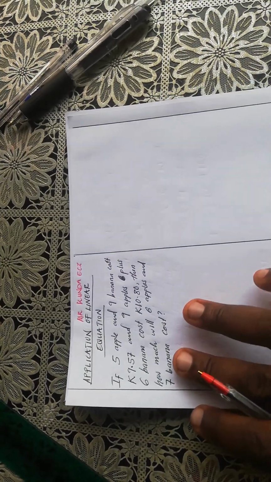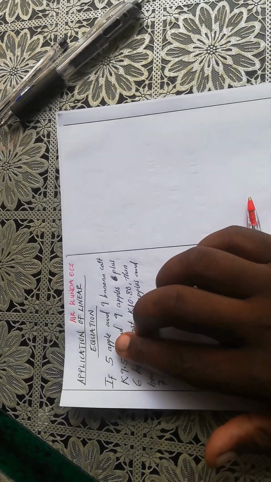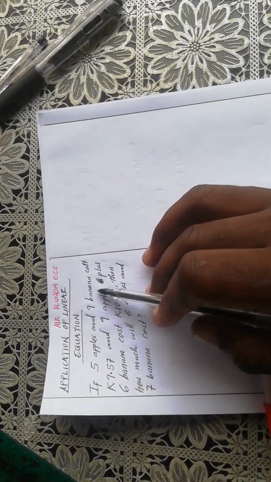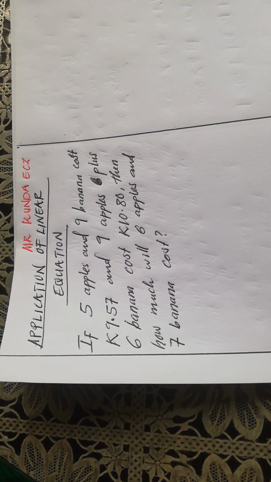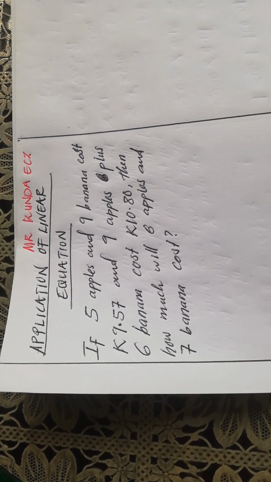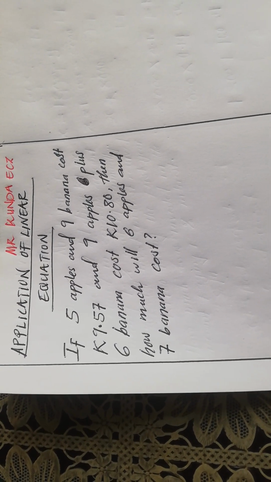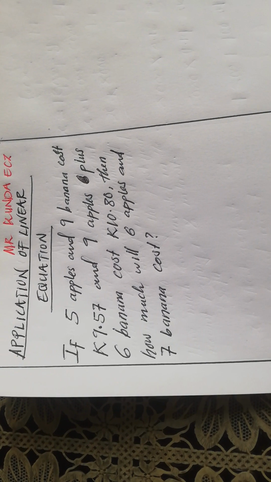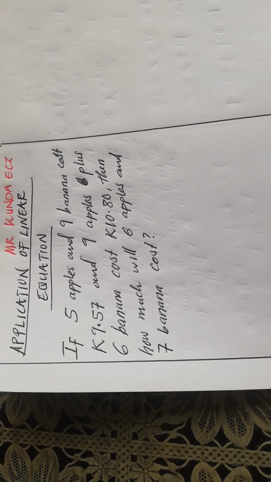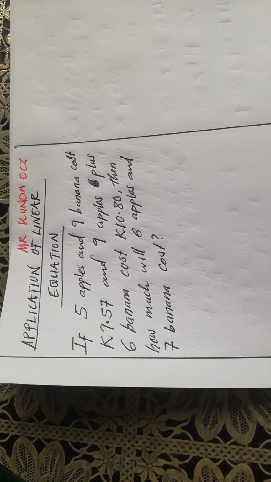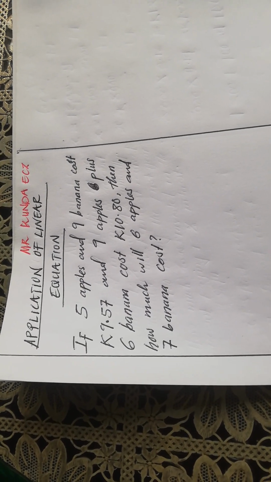We are saying if 5 apples and 9 bananas cost 9 kwacha 57 ngwe, and 9 apples plus 6 bananas cost 10 kwacha 8 ngwe, then how much will 6 apples and 7 bananas cost?